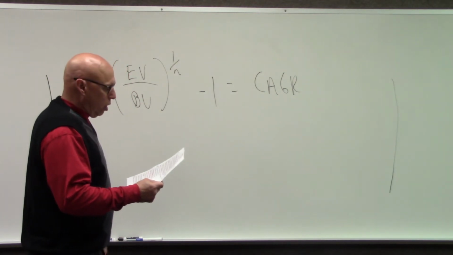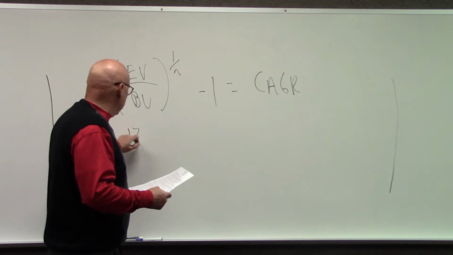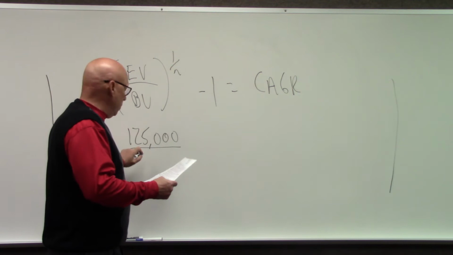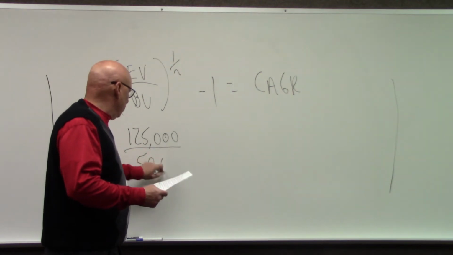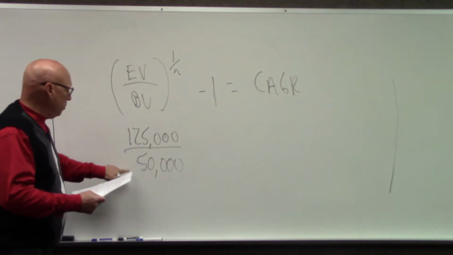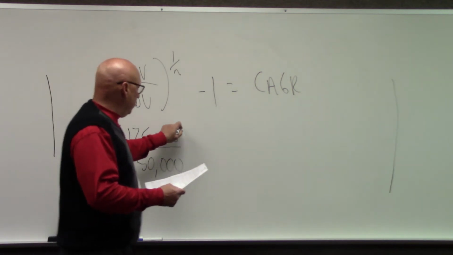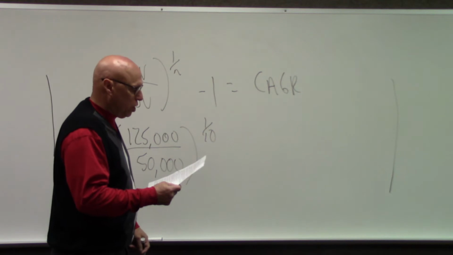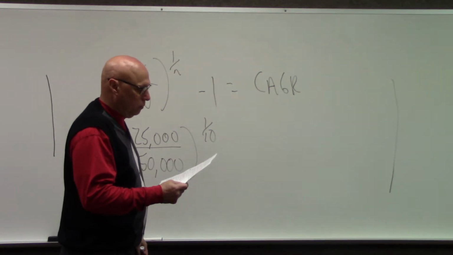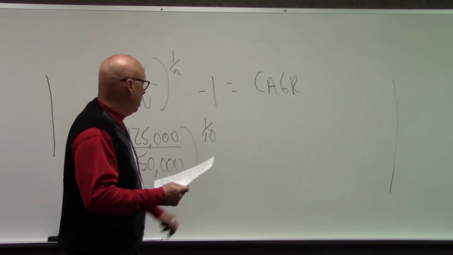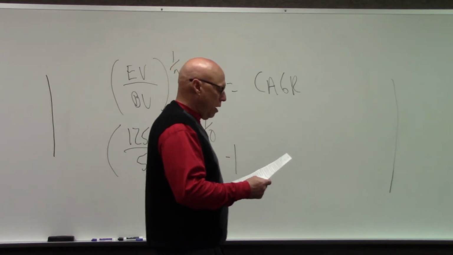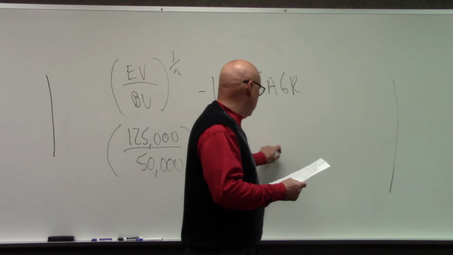All right. So we have 125,000 divided by 50,000. Ending amount divided by beginning amount raised to the 1 over 10. 10 years is the number given. Then subtract 1 and multiply by 100.